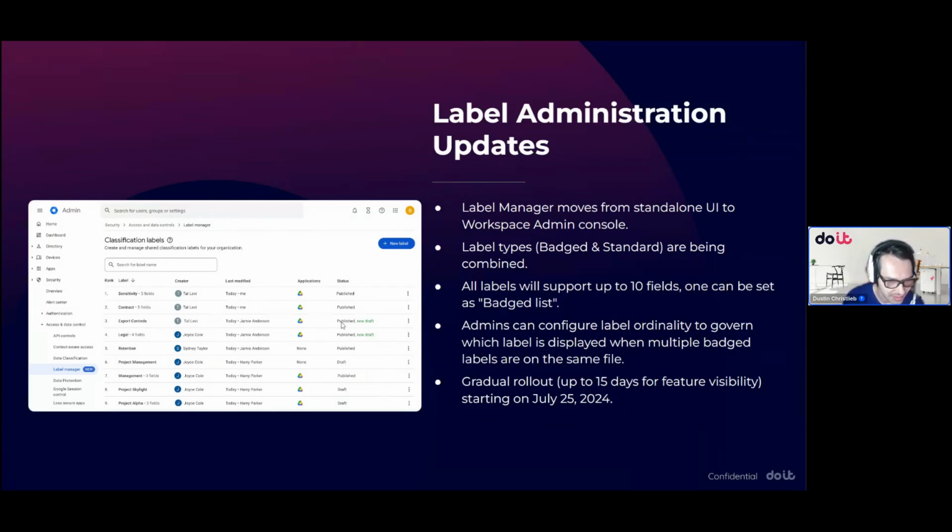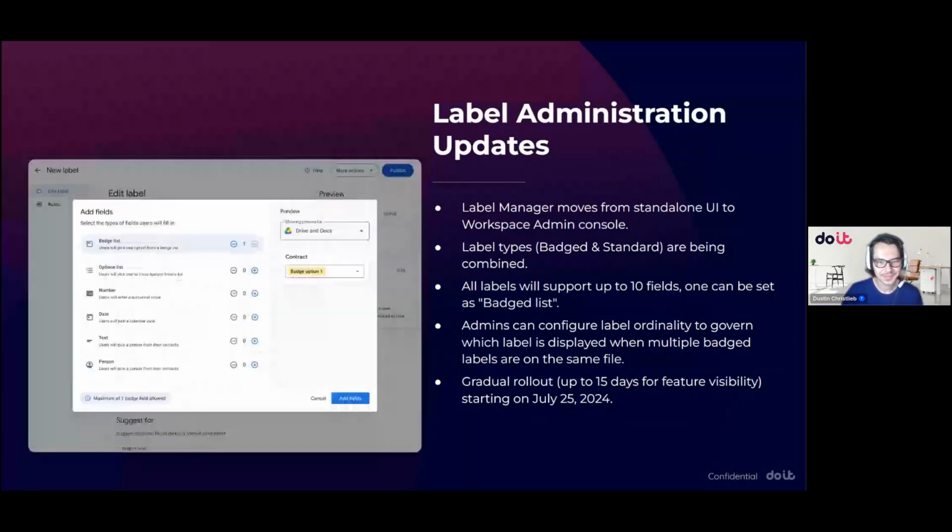So you can see what that is going to look like here as well. So we can apply those labels to different applications and have them in different states, all within the label manager section of the admin console. And then we can also see what this looks like as we get into editing those particular labels.